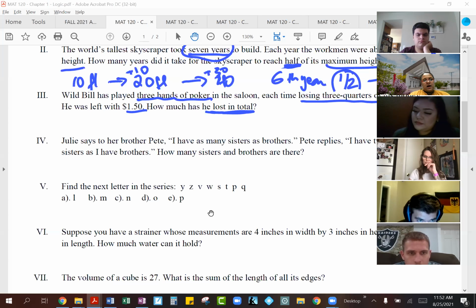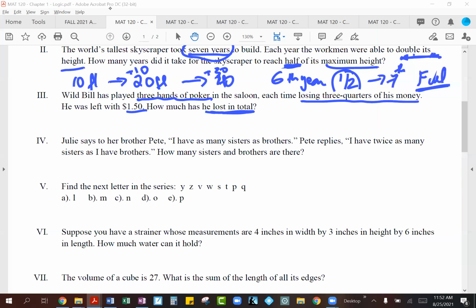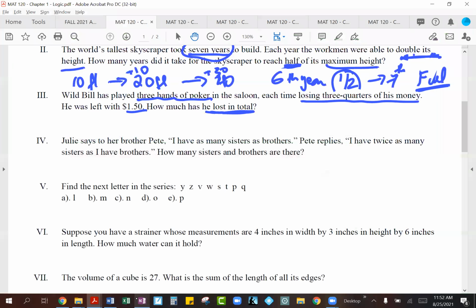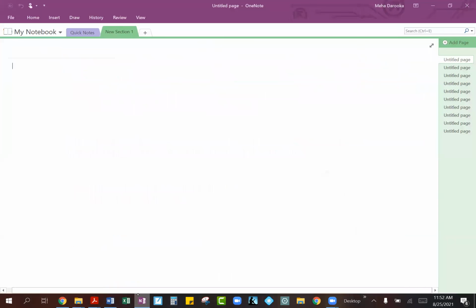Okay, so let's take a look at this, because this example takes a little bit of calculation. So we know he's got $1.50 left. He plays 3 hands at poker.